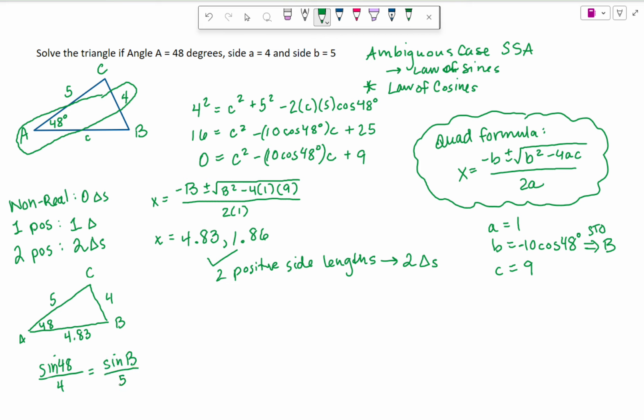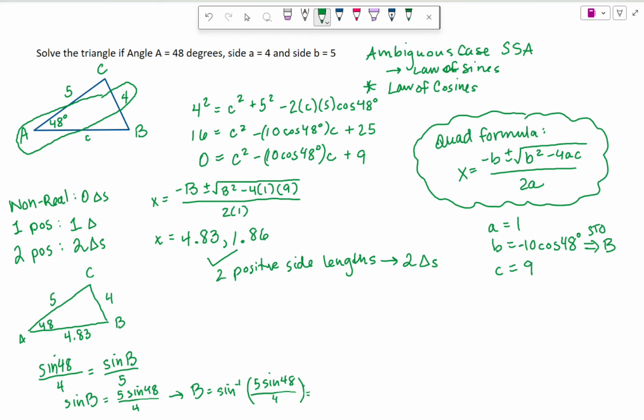And then that means that the sine of B is equal to 5 times the sine of 48 divided by 4. Okay, just solving for sine of B, which means that angle B is equal to the inverse sine of 5 sine 48 divided by 4.